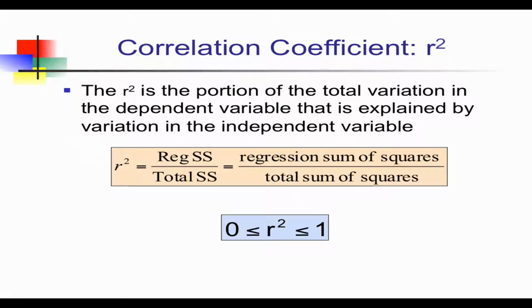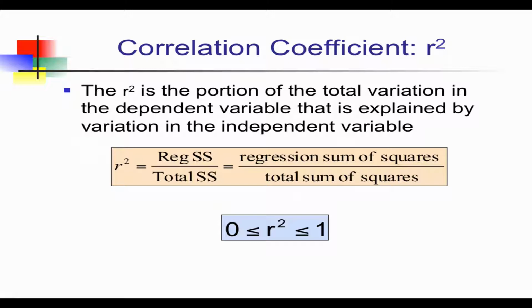We gave this proportion a name, R squared. So R squared is really the proportion of regression sum of squares in the total sum of squares. And it is very natural and straightforward.